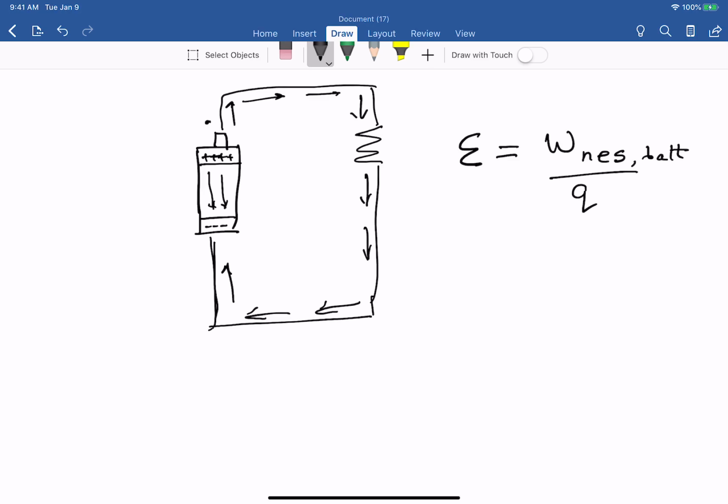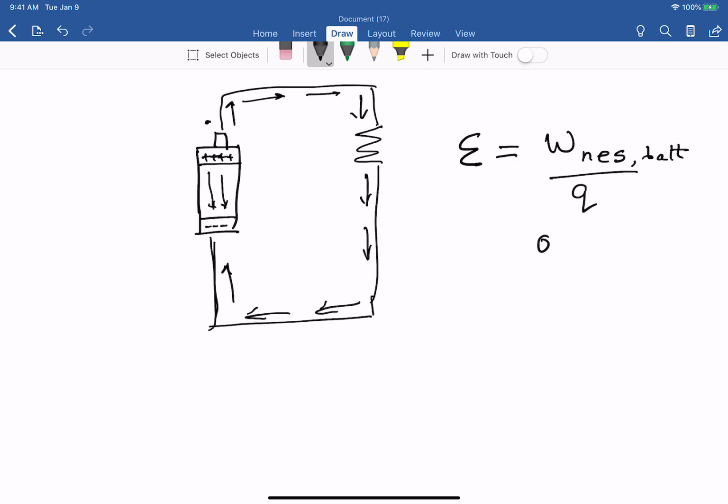I'm just writing that as the work done per unit charge by non-electrostatic forces in moving the charges from the negative to the positive end of the battery, right?